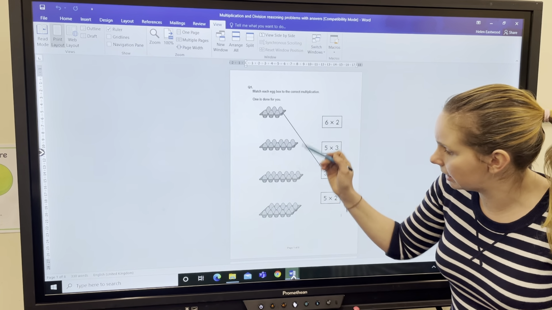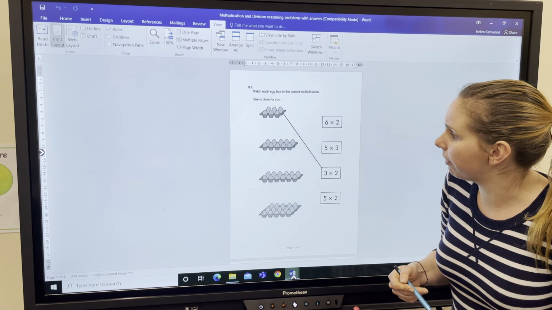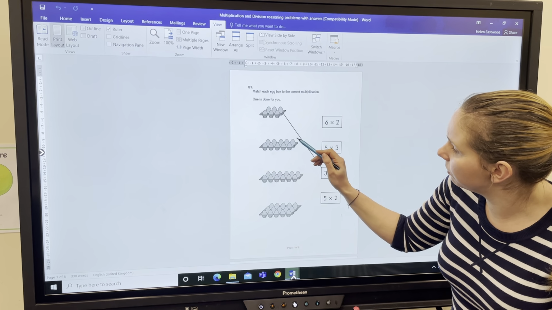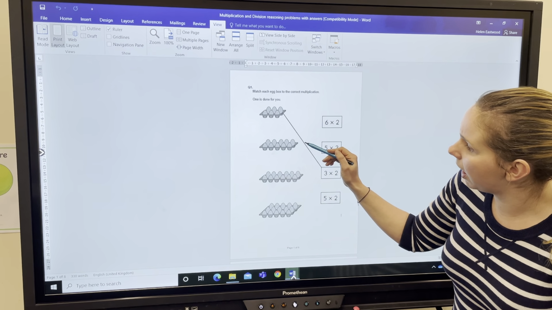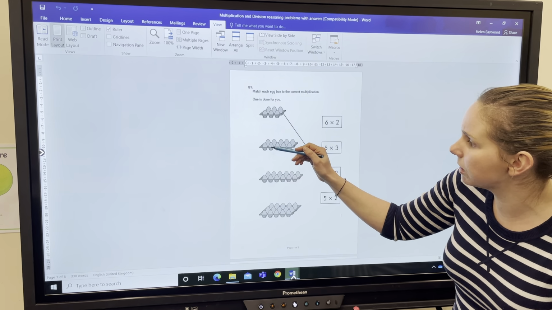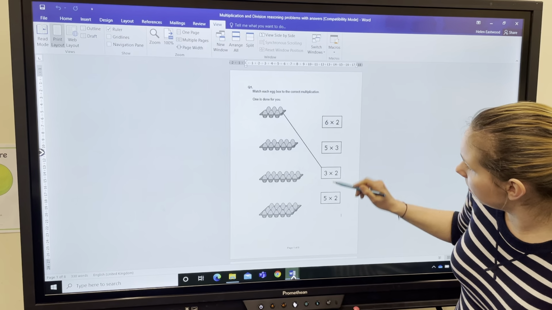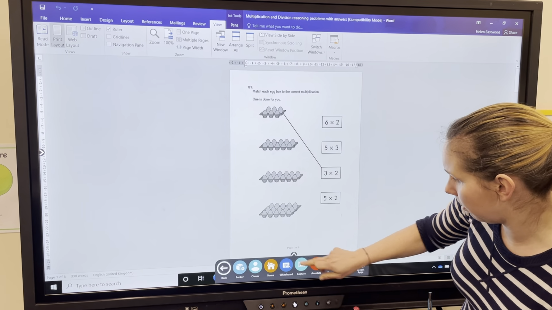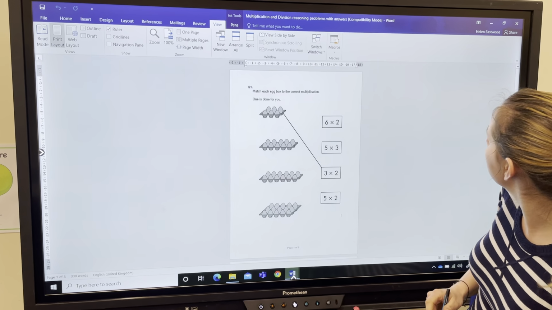So all we've shown here is the egg box, but it is as an array. So I'm going to match up what we have. I know I've got 1, 2, 3, 4, 5 columns, and I've got 2 rows, 5 lots of 2. So, there we go. 5 lots of 2. Would help if I'd put the pen on, wouldn't it? Let's have a look. There we go.